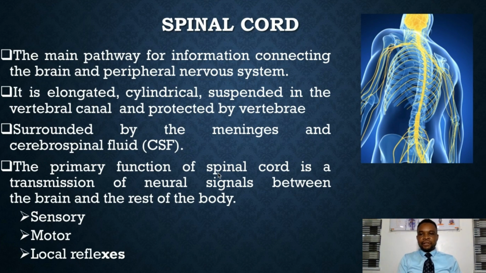The primary function of the spinal cord is transmission of neural signals between the brain and the rest of the body. This information is transmitted through sensory information, motor information, or local reflexes.